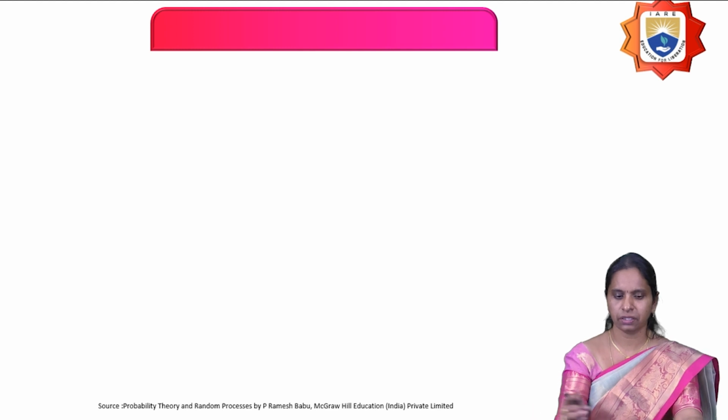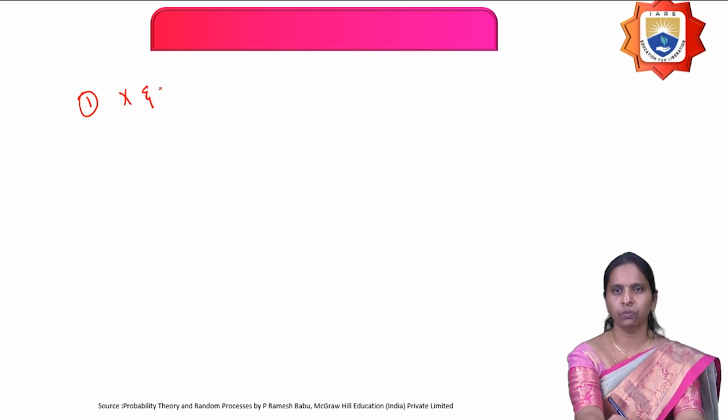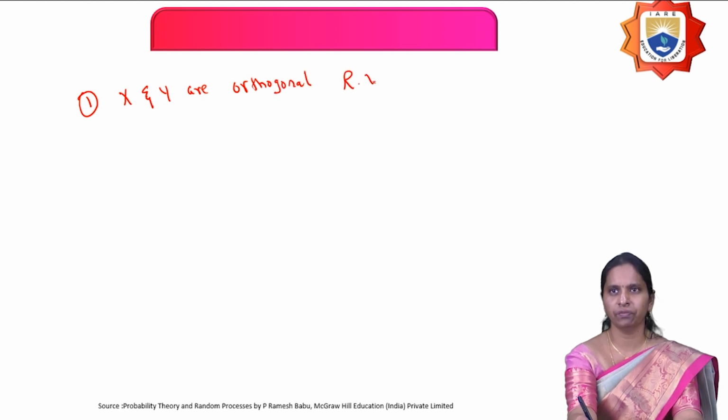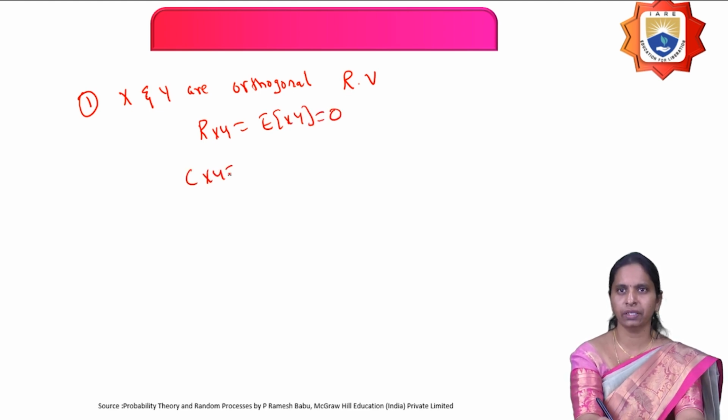Next, I am taking different conditions. What is the first condition? I am taking x and y are orthogonal random variables. If x and y are orthogonal random variables, then the correlation Rxy is nothing but E of xy, which is equal to 0. Then what is the covariance formula in terms of Rxy?